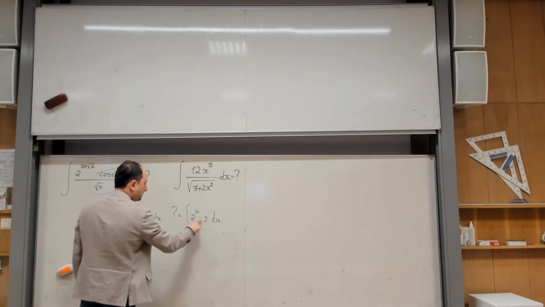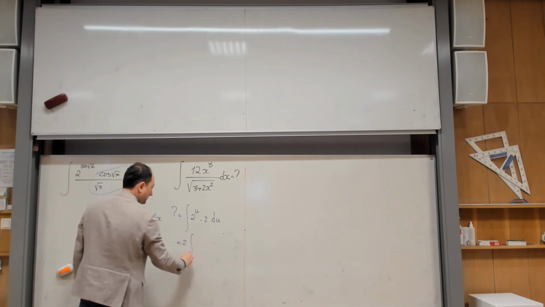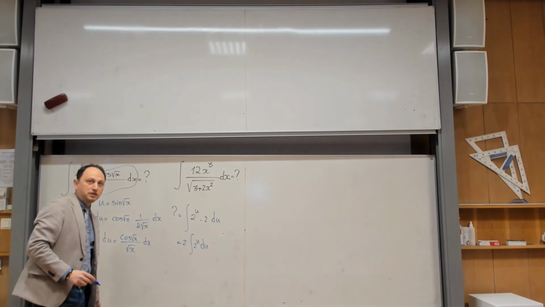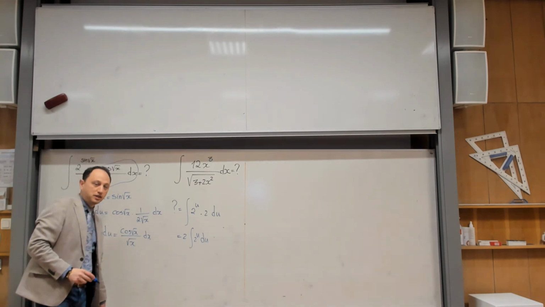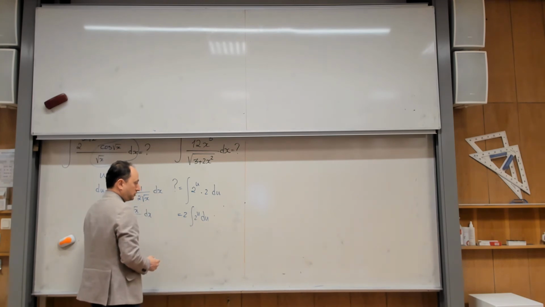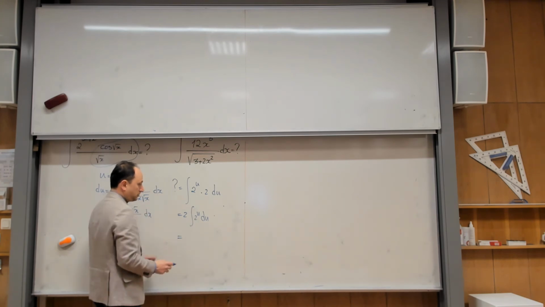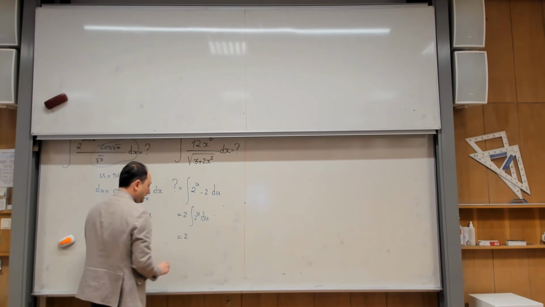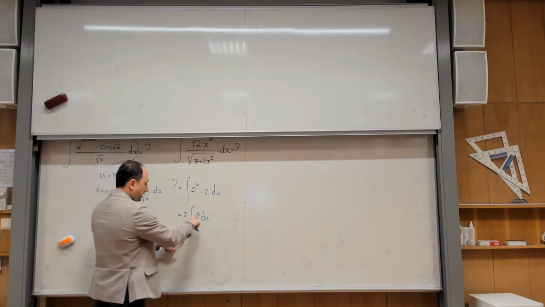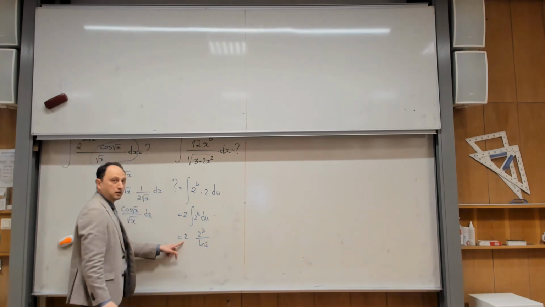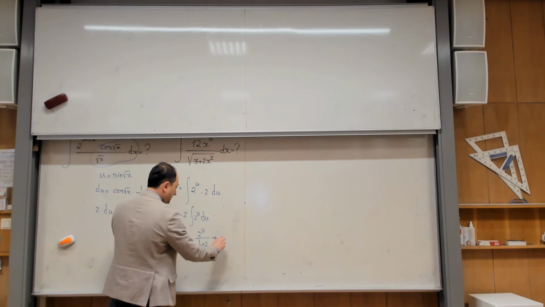And I can take this 2 out, but do you remember this? We had this in Math 4. It's an exponential function, which base is 2, not the Euler number. Of course you can check it up, but at KTH you're not allowed to check it up, you have to have it in your memory. So this becomes 2, and then you have 2 to the power of u, ln of 2 in the denominator, and then plus c.